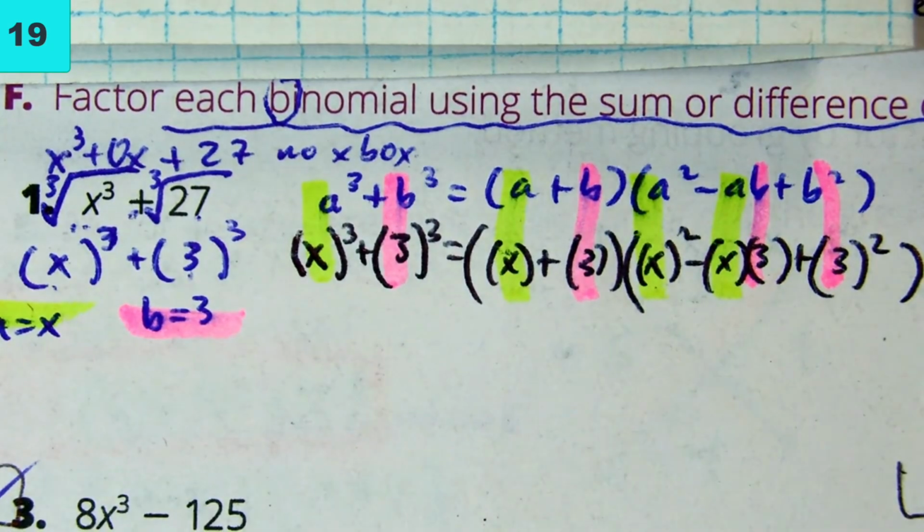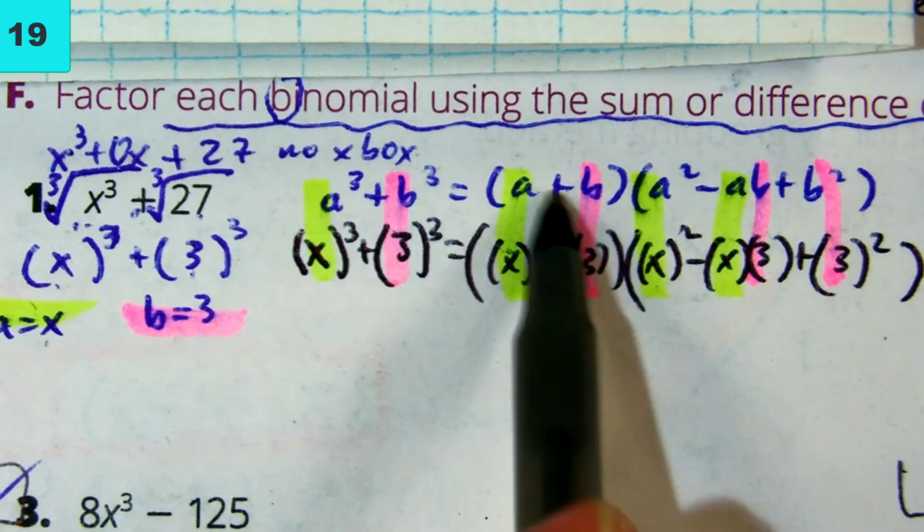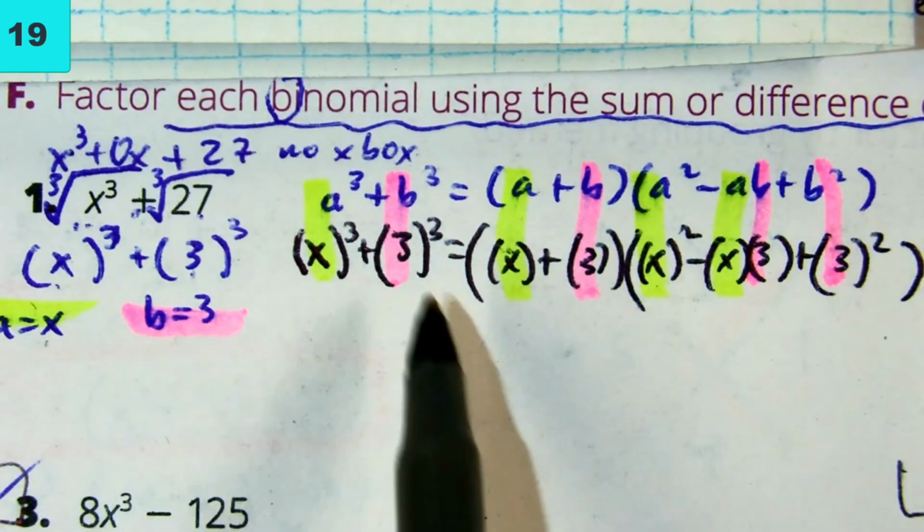So there's my substitution. Every A value I'm putting in X, which is in yellow, and every B value I'm putting in a 3.